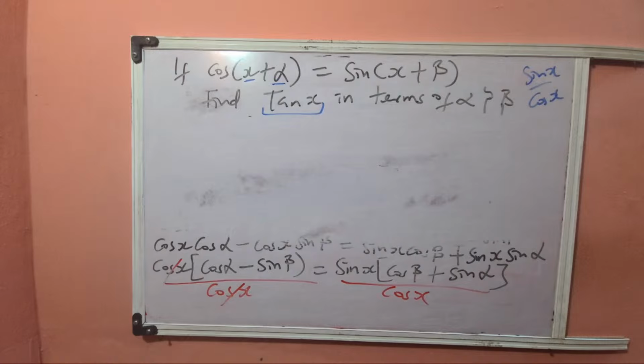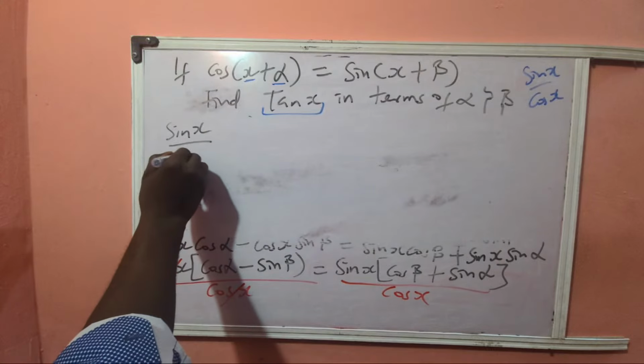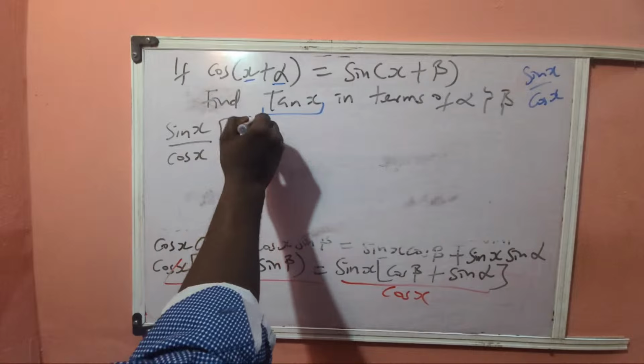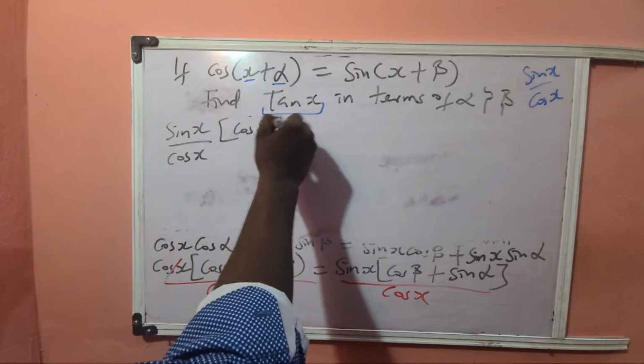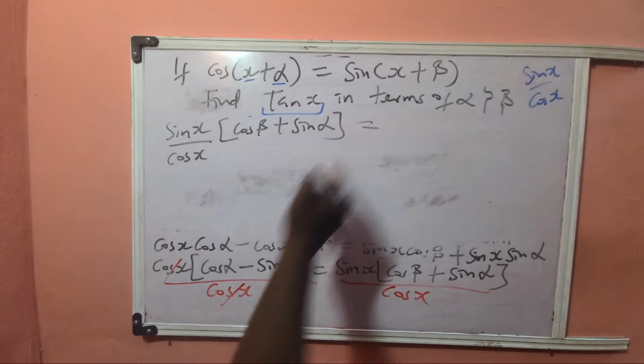So looking at this now, I've been able to get, let me write this on the left-hand side now, just sine x. Okay, I think I'm okay in writing sine x over cos x, I can go on to then fill this in somewhere here. Cos beta plus sine alpha then is equal to what we have here.